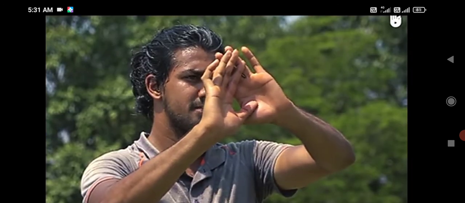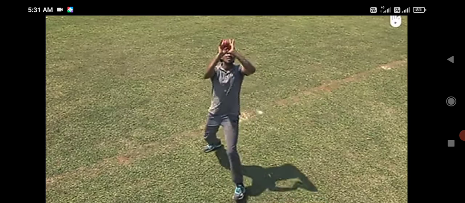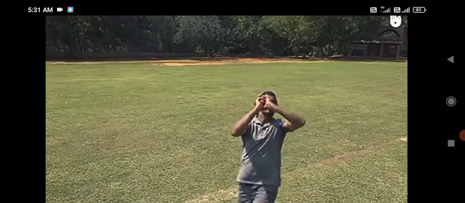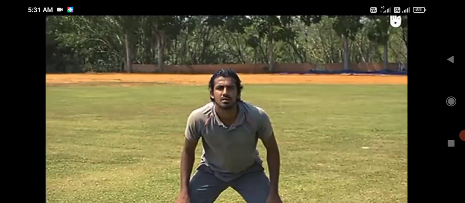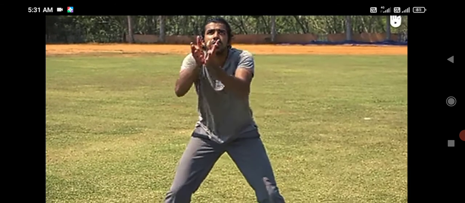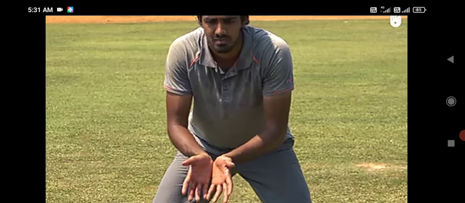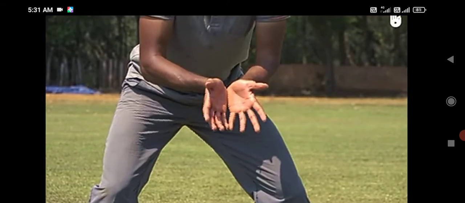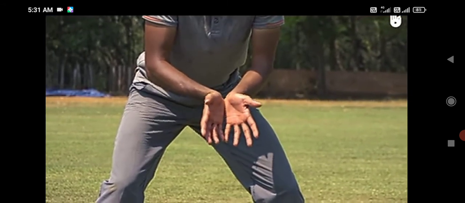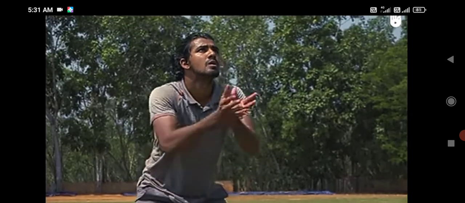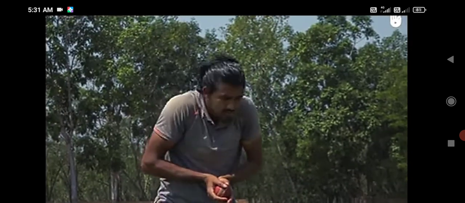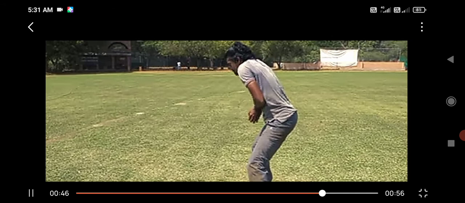Otherwise, injuries take place in the hand. So he lowers his hands to reduce the change in momentum. Then force decreases, time increases, and no injuries take place. That's why he lowers his hands.